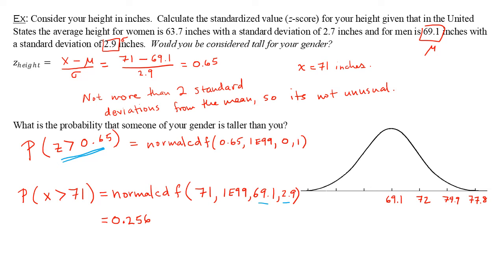Going on the other side, 69.1 minus 2.9 would be 66.2. And then minus 2.9 again, 63.3. And then minus one more standard deviation below would be 60.4. So in my case, because my height was 71 inches, we can imagine that we were finding the area of everything to the right of 71, when we're finding the probability that x is greater than 71.